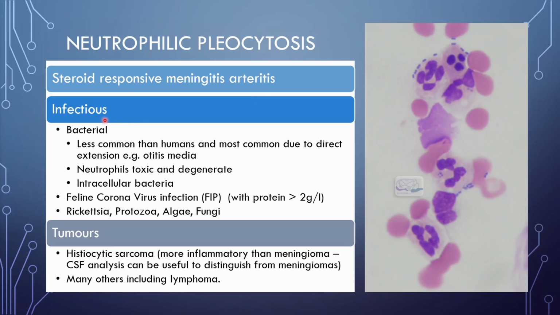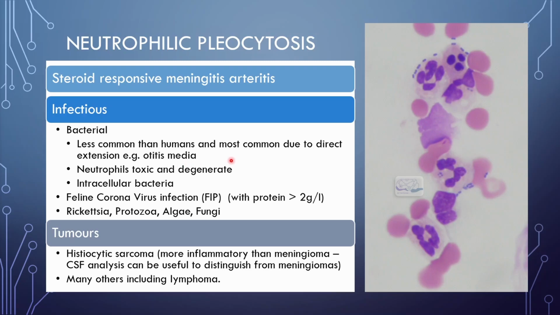Infectious causes, however, will also cause a neutrophilic pleocytosis, and it should be said that generally infections are less common in domestic animals, such as cats and dogs, and bacterial infection is much less common than in humans, and it is most common due to a direct extension. So what I mean is that if you have infection in an area which is close to the brain, that may spread.